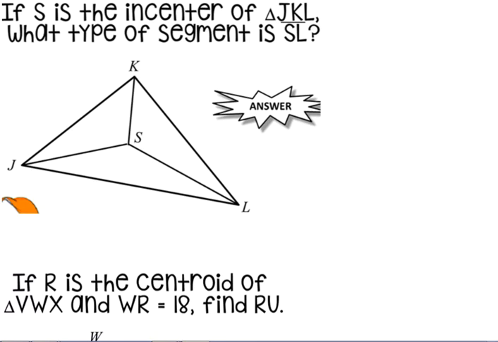SL is an angle bisector. SK is an angle bisector. SJ is an angle bisector. It may just be a question as simple as that. They're just expecting you to know that if that's an in-center, then looking at this picture, those are all angle bisectors, because the intersection of the angle bisectors creates your in-center.